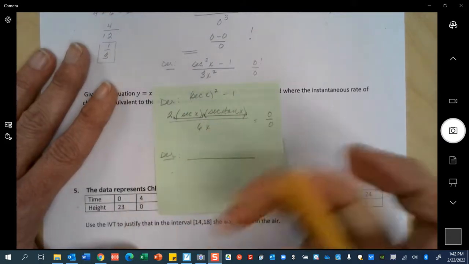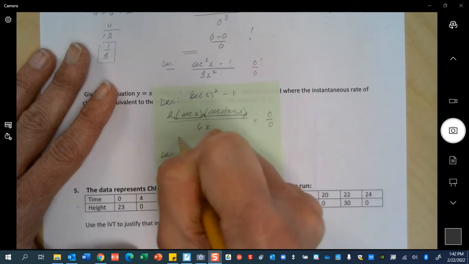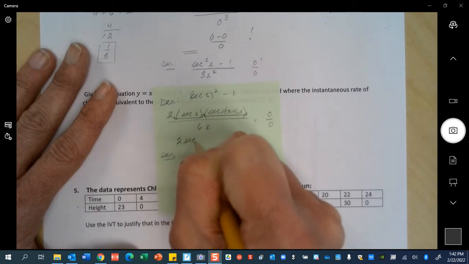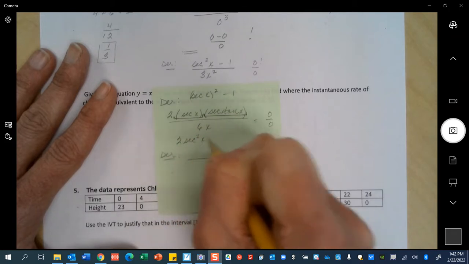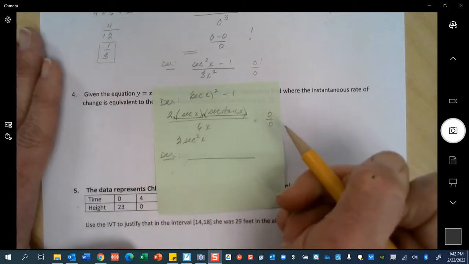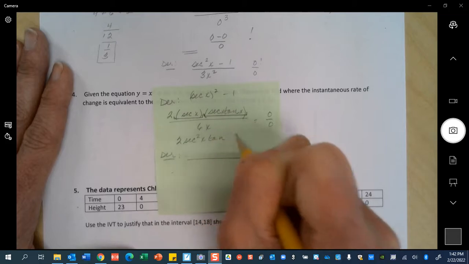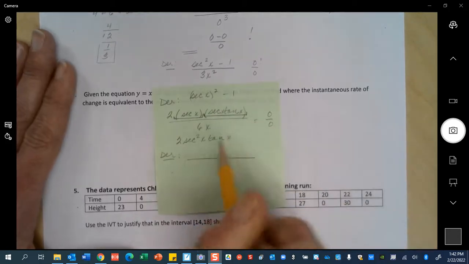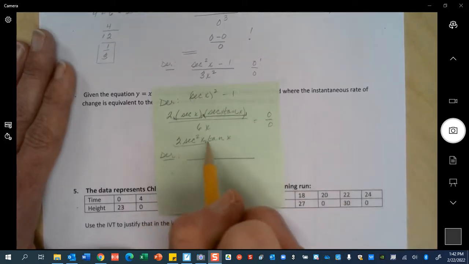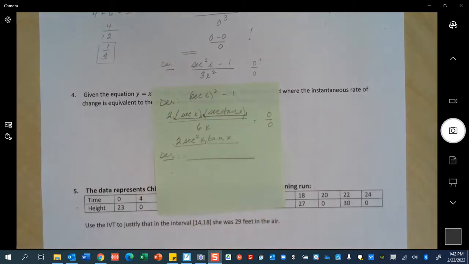I think that's a great idea. Because we can call this 2 times secant squared of x times the tangent of x. There's no plus sign, so there's no need to distribute. We like that better, huh?